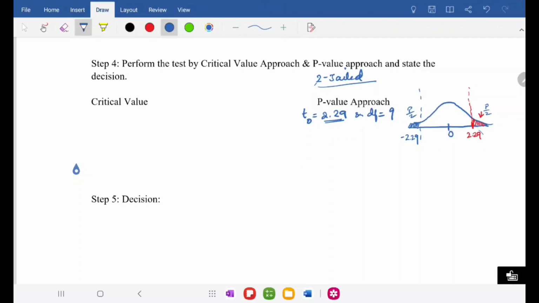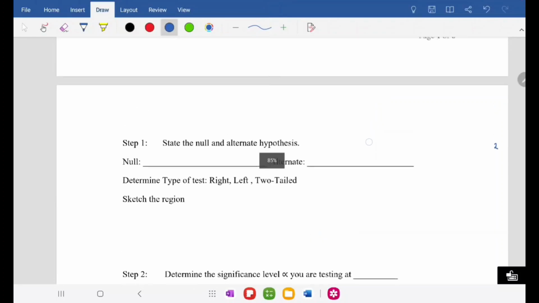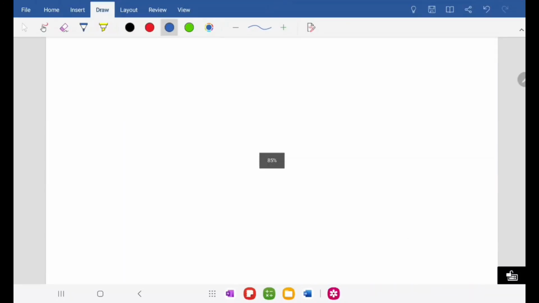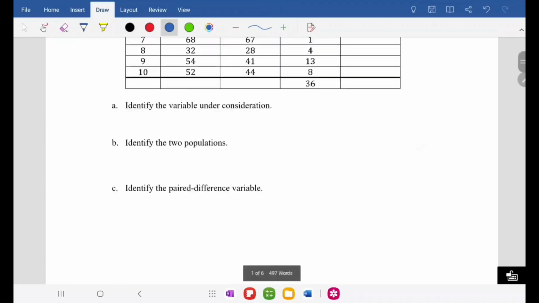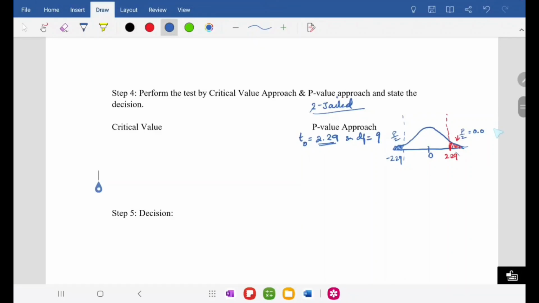So I've used my calculator, and I find that this area to the right-hand side is approximately 0.0235.